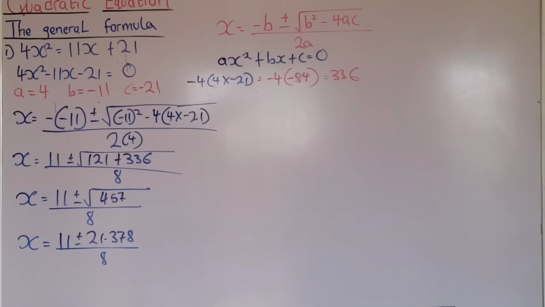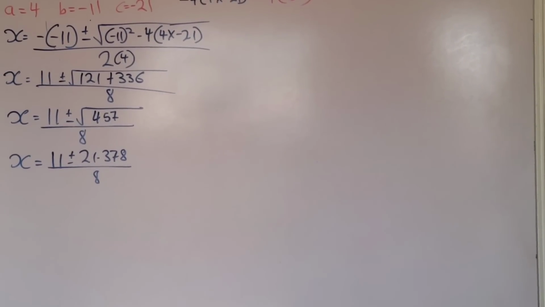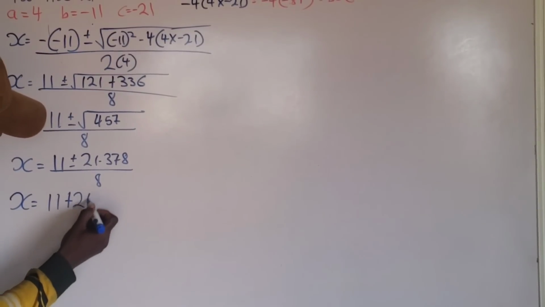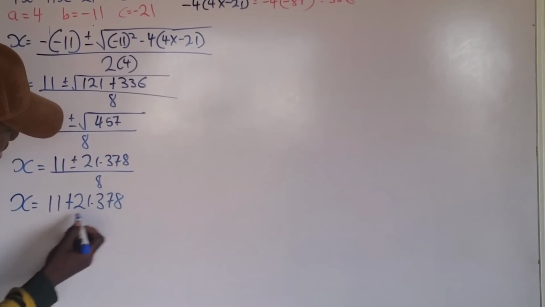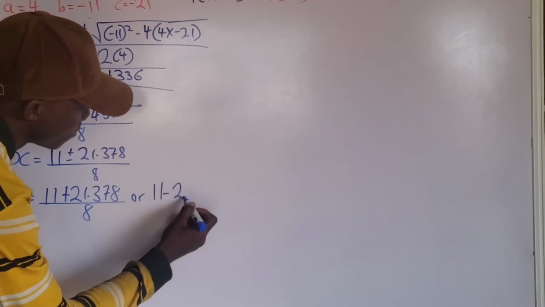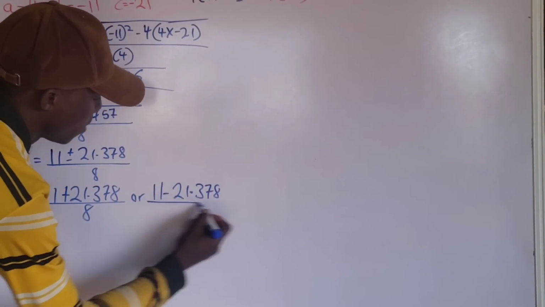Okay, now let us separate the sign, because if you look at the numerator, you will discover that we have two signs between 11 and 21.378. So we are going to separate the signs now. Just pay attention. I'm going to have x equals 11 plus 21.378 all over 8, or 11 minus 21.378 all over 8.